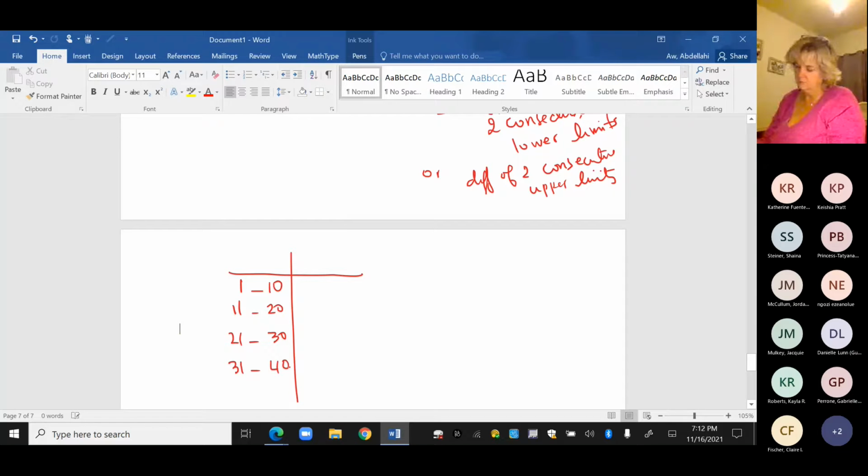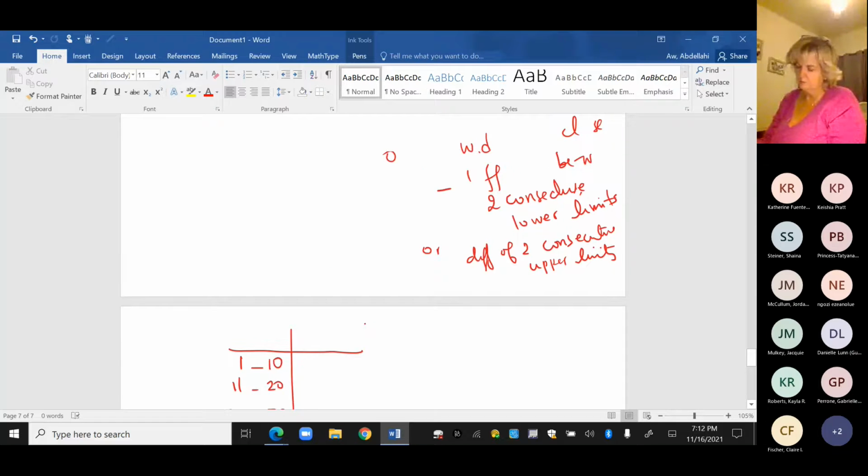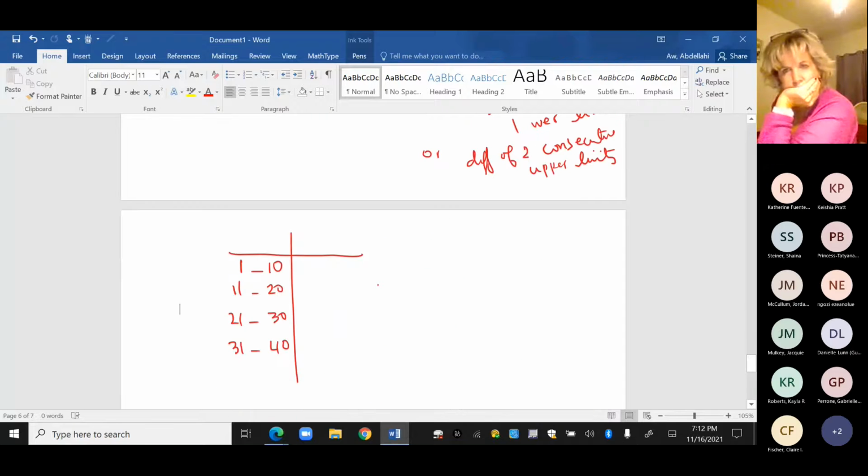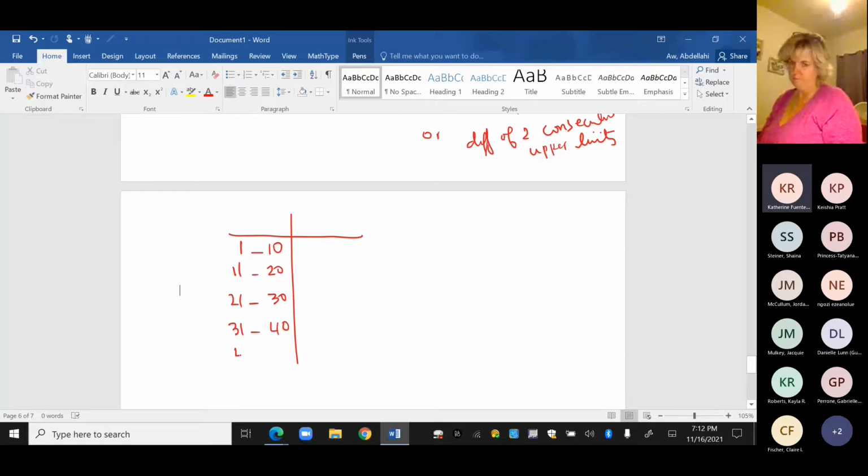I have to go until I cover all the data. What is the maximum data we see here? 60. I have to go all the way to 60, right? 41 to 50, and 51 to 60.